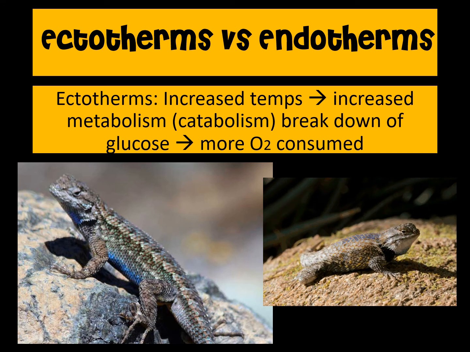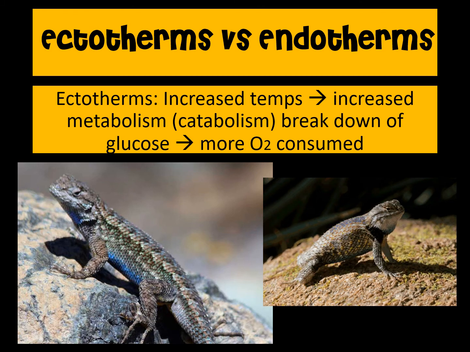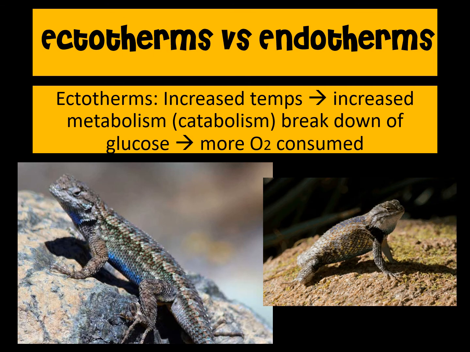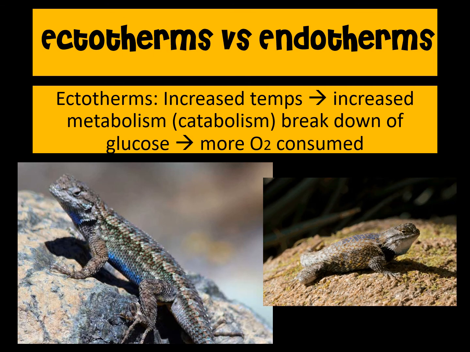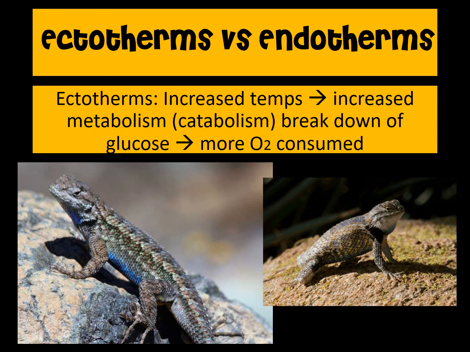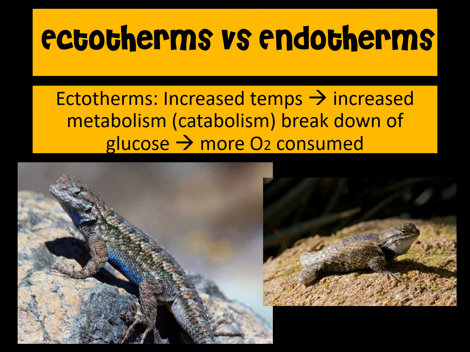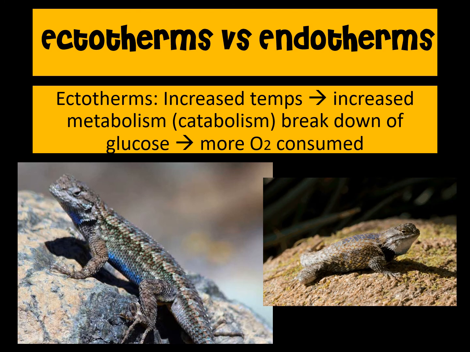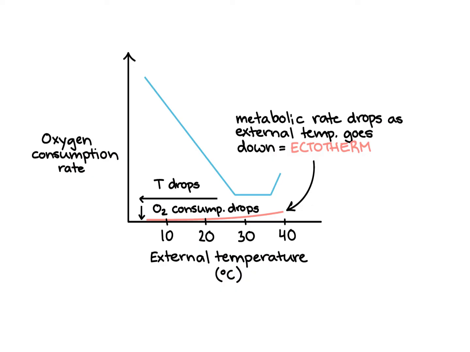As it does get warmer outside, this leads to increased metabolism. So they start breaking down a lot of the glucose that they ingested. And this leads to more oxygen being consumed, because in order to break down glucose, these organisms need oxygen in the process of cellular respiration.